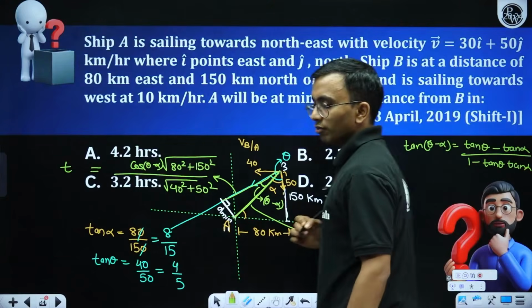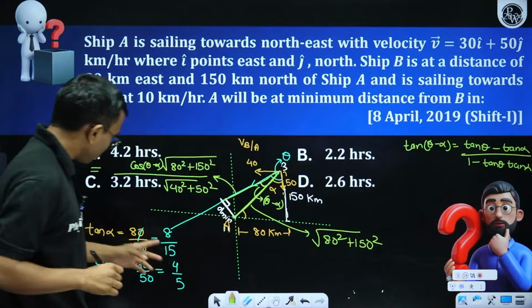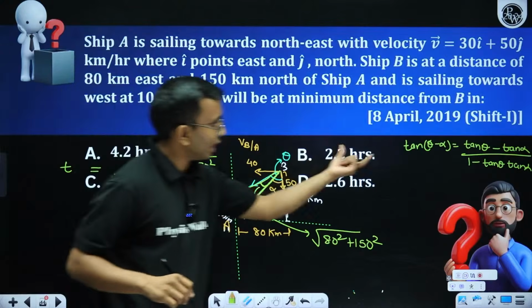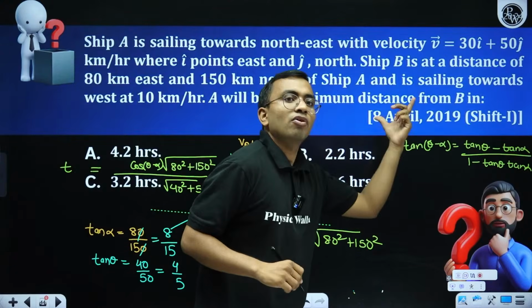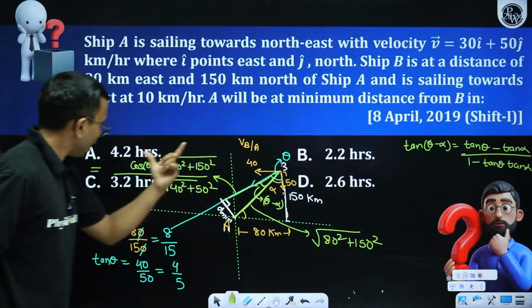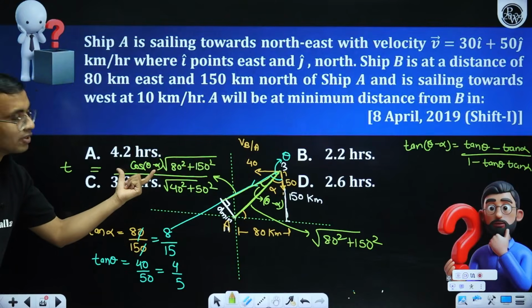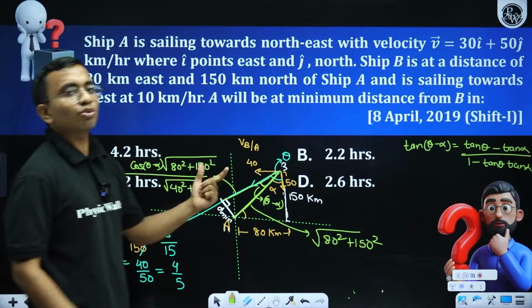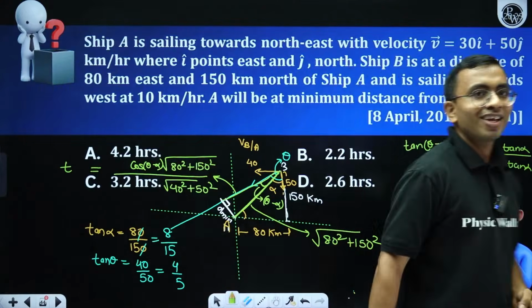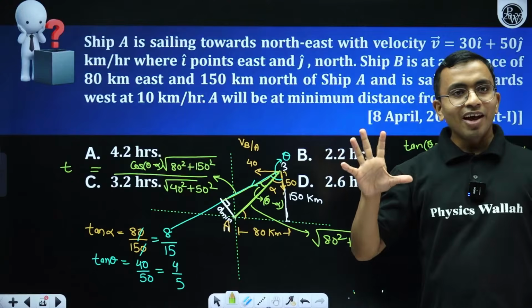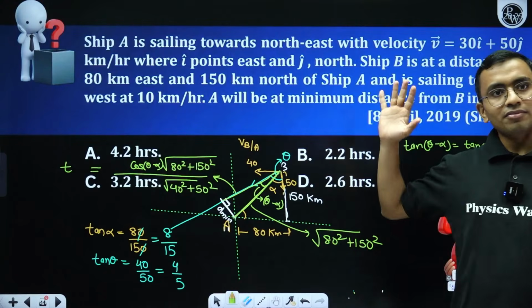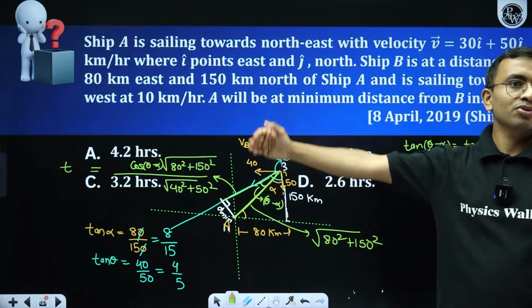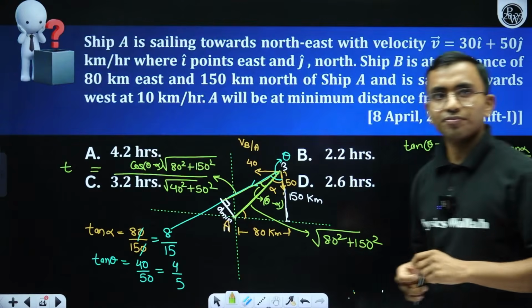This equation we know. Now in this equation you put tan alpha and tan theta, you will get tan of theta minus alpha. Once you get tan of theta minus alpha, find cos of theta minus alpha, put it here, do the calculation, and you will get the value. In this question we have a bit more calculation, but this is the method to solve it.